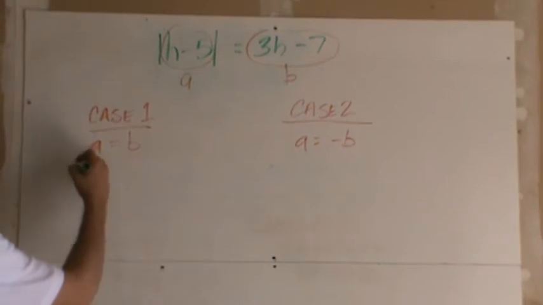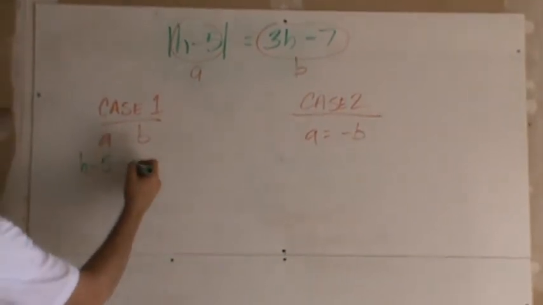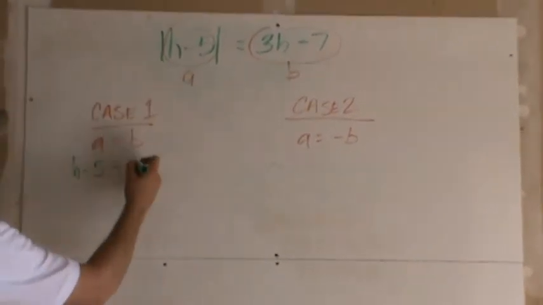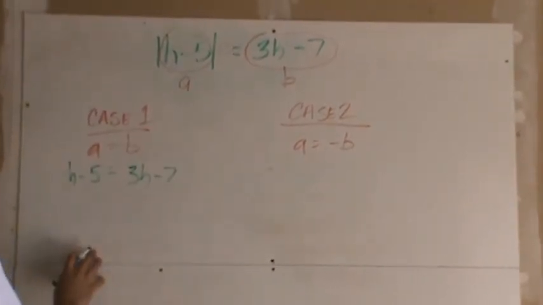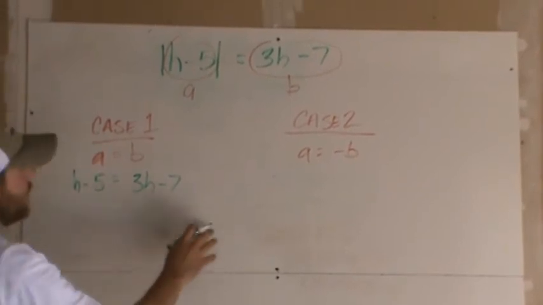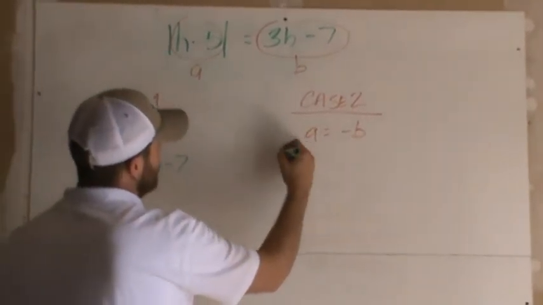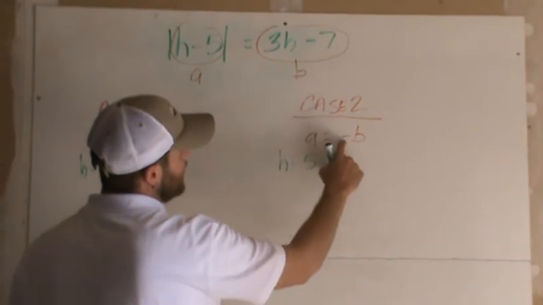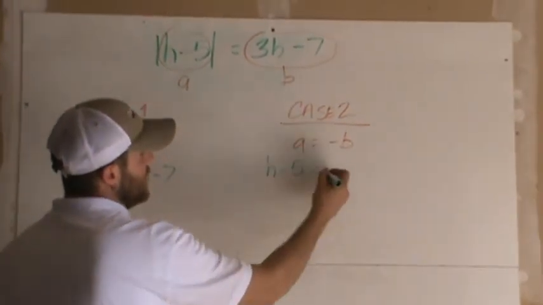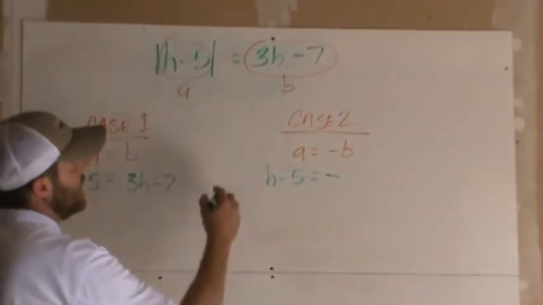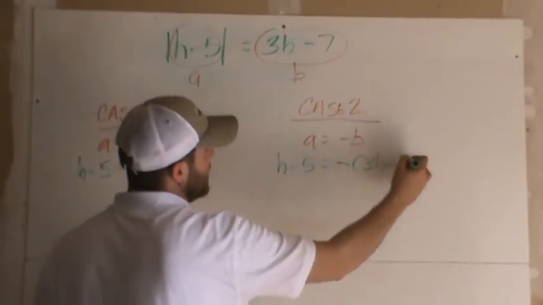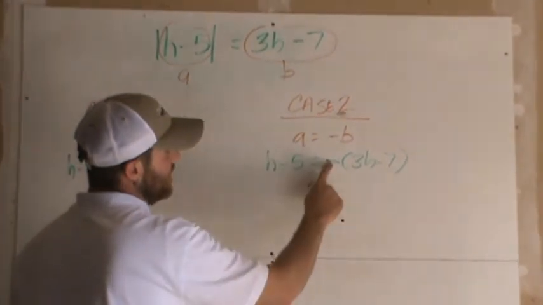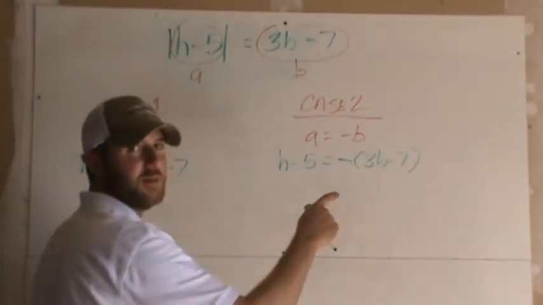So for case 1, we're going to say h minus 5 equals, and the B is going to be everything that's there, 3h minus 7. For case 2, we have A again, which is h minus 5 equals, notice there's a negative B this time. Because it has that negative there, and there's so many things here, I like to put that in parentheses. So I know that negative means all of this has to be negative.